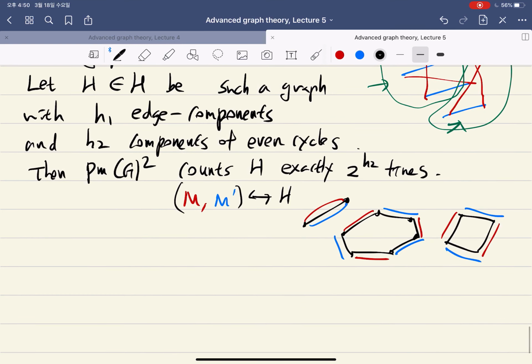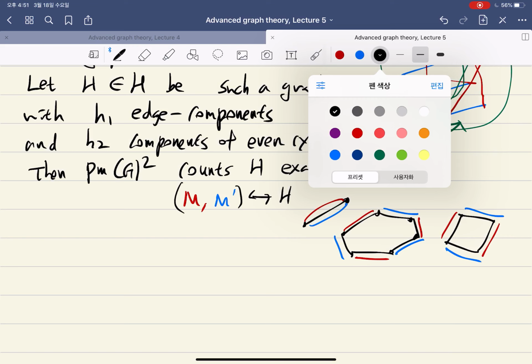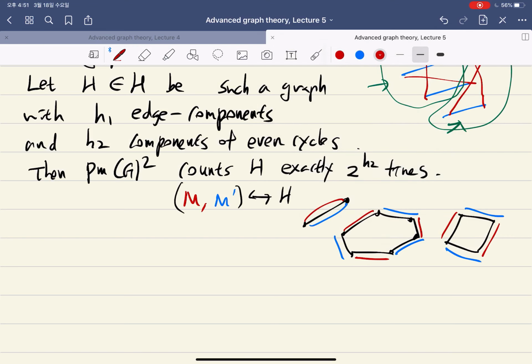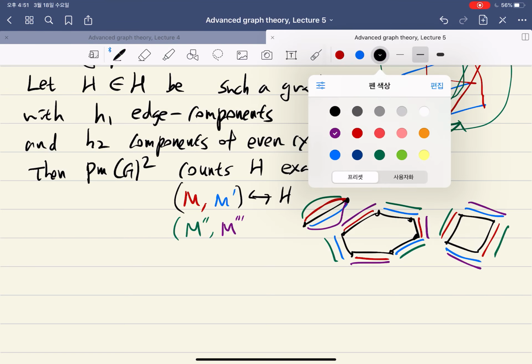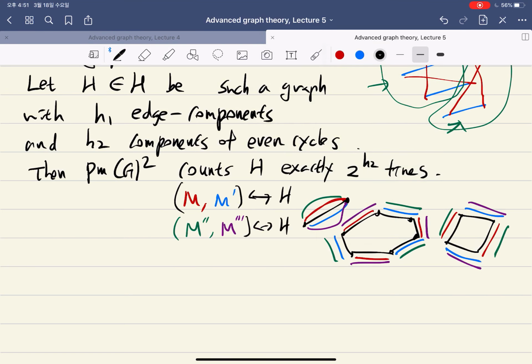However, if you take again, let's say this and this and this, say M'', and the same edge, and this and this, M''', then again you get H.